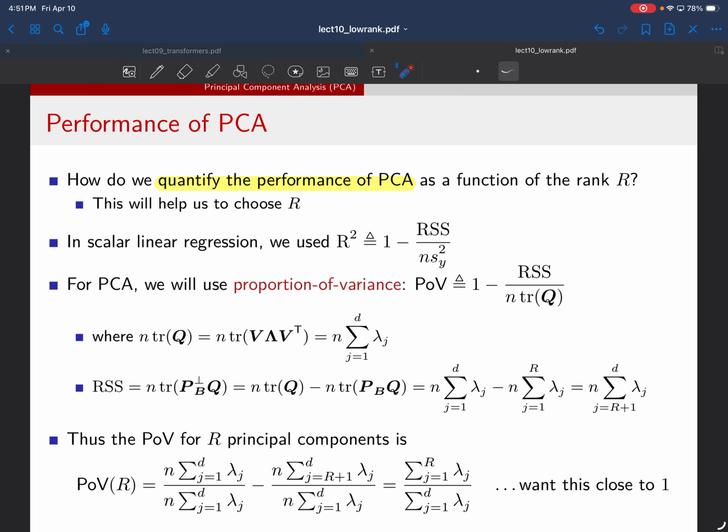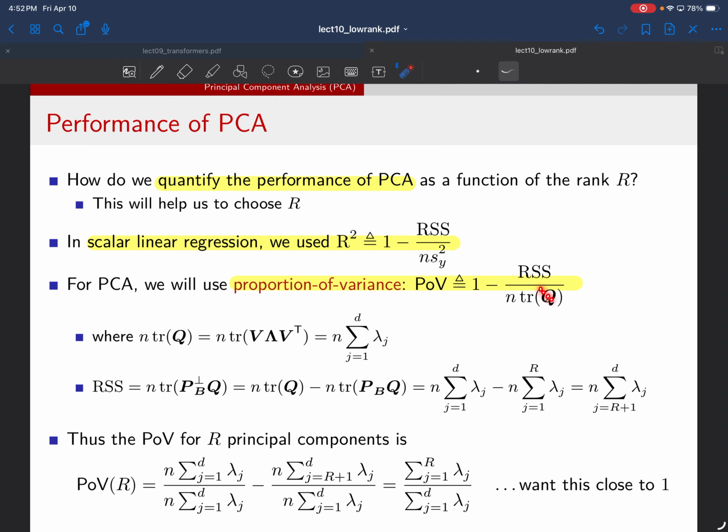For PCA, we're going to do something almost identical. We're going to use something called proportion of variance, which has pretty much the same form. The only difference is that rather than the target variance, because we have no targets now, we have the total data set variance. Q, if you remember, is like our covariance matrix.